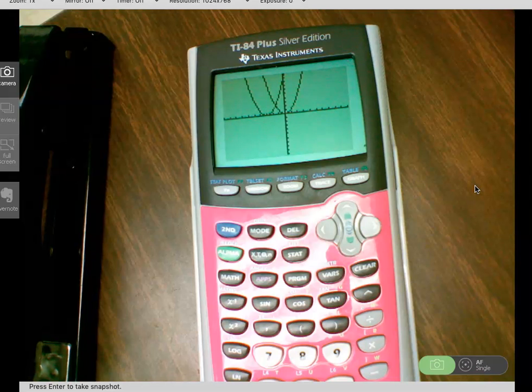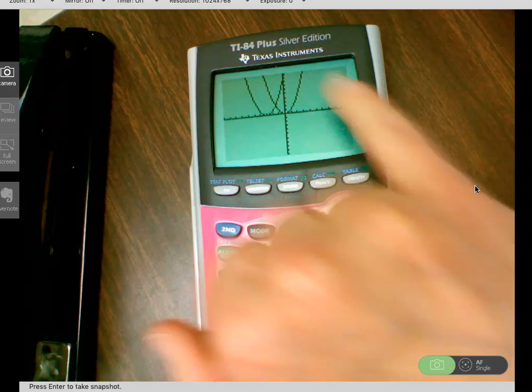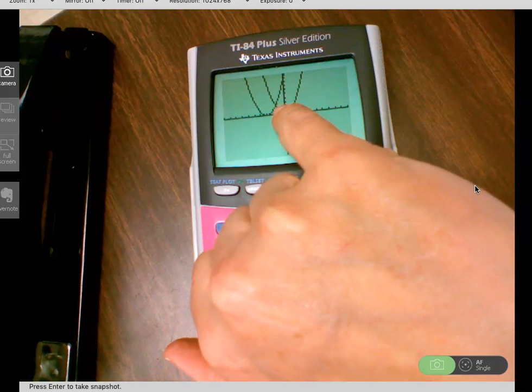Okay, that was your take-home test, but what did we call that whole thing? Systems of equations, right? When you're graphing or solving a system of equations, what you're actually finding is where the 2 graphs intersect. Does that ring a bell? Where they cross? Okay.